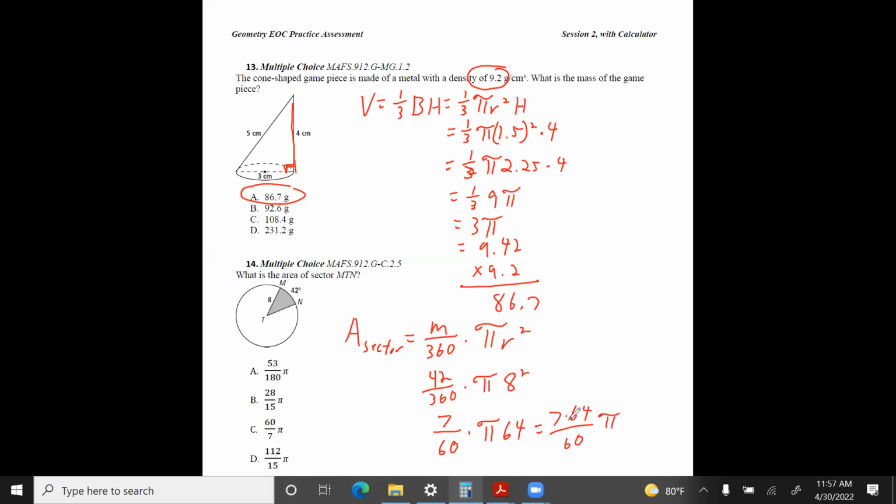Before we multiply this, since that's going to give me a really big number, we could reduce even more. 64 and 60 both can reduce by 4. If I reduce 64 by 4, that's going to give me 16. 60 divided by 4, that's going to give me 15. So now I have on top 7 times 16.